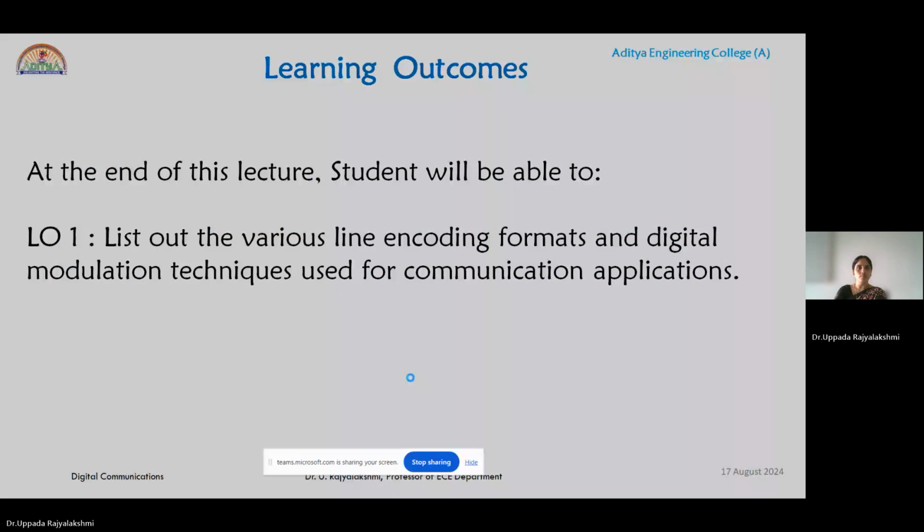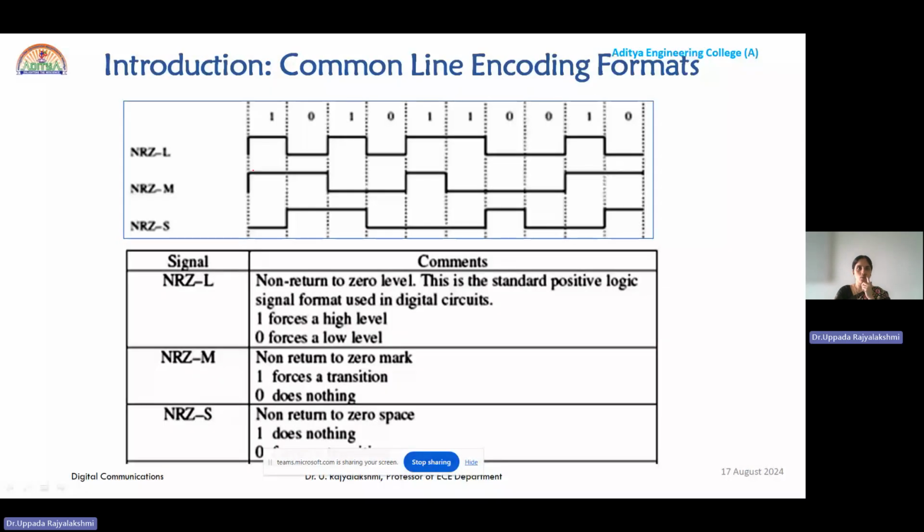Now, coming to the various line encoding formats, here you can see this is NRZ line, so non-return to zero. Here you see this is a binary string, 1010110010.